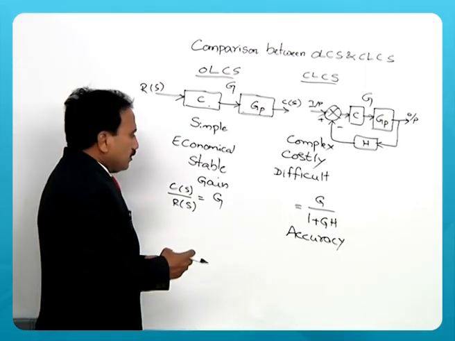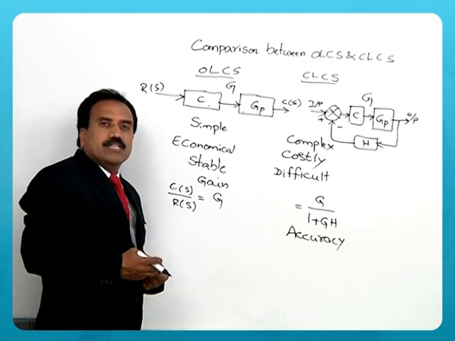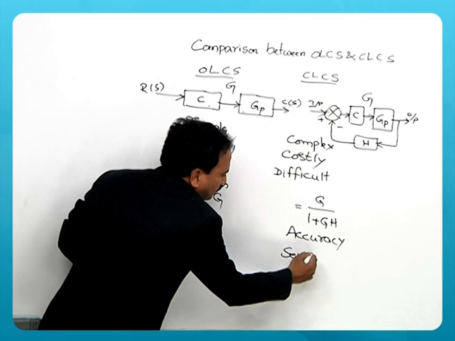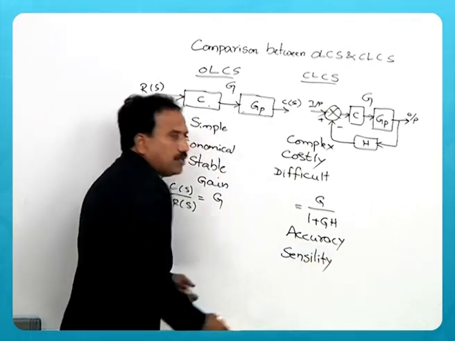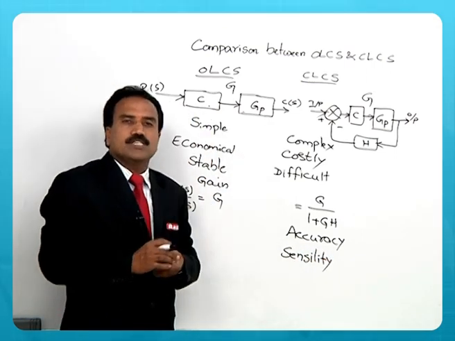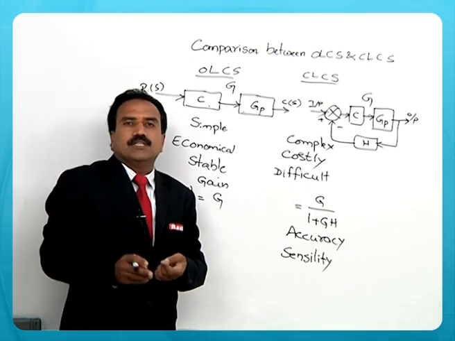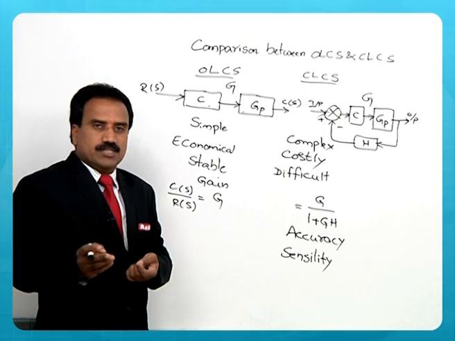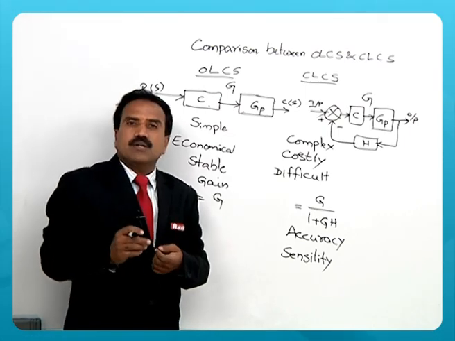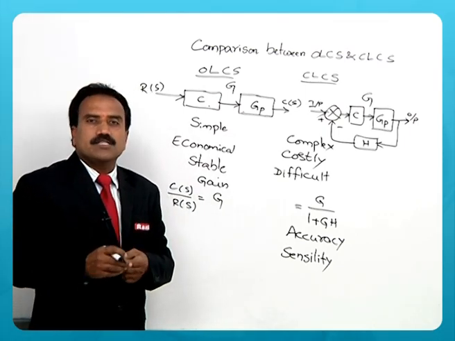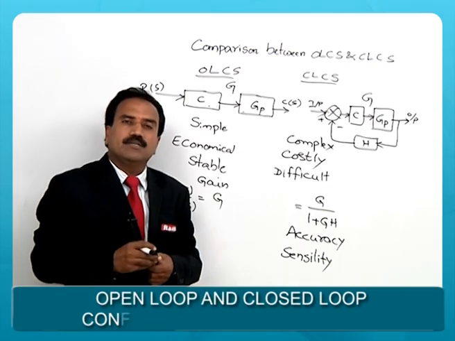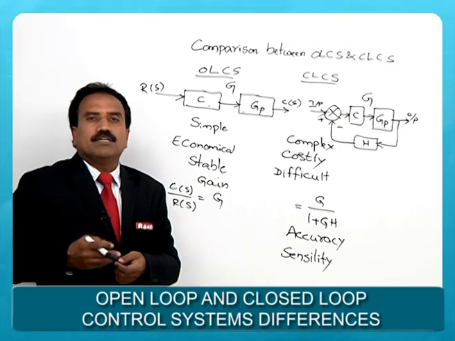And the parameter variations, sensitivity, it is actually called sensitivity. How strong a closed loop control system is to produce the desired and accurate output, and it is not influenced. These closed loop systems are not influenced by external parameter variations like temperature, humidity, etc., and also internal parameter variations.